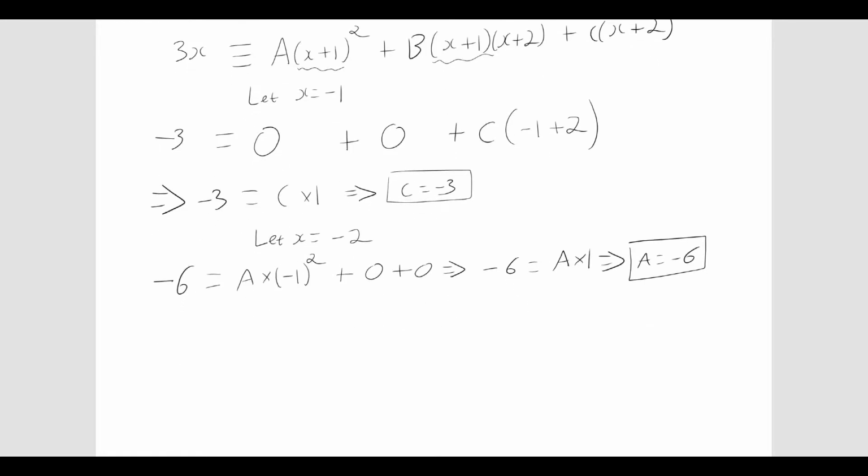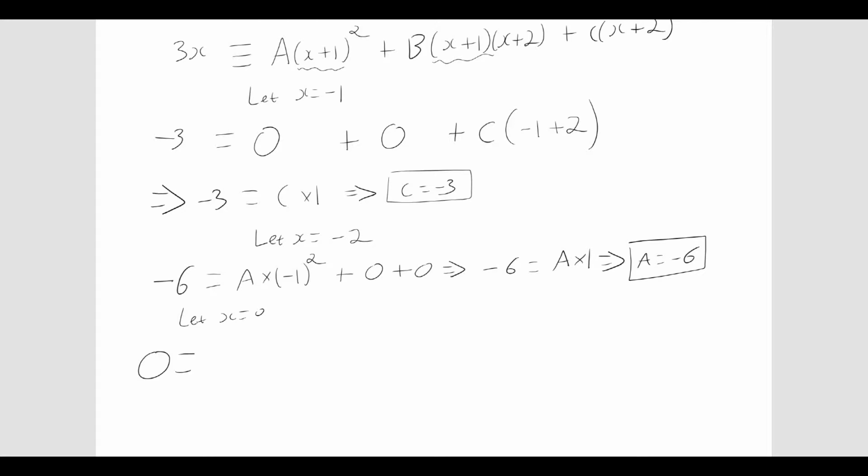Finally, to get b, I can just substitute in my values for a and c, and then I should be able to find b. I can do it various ways, the easiest of which is probably to let x be 0. So let's do that now. So I'm going to let x equal 0, so that on the left I have 3 times 0 is 0.